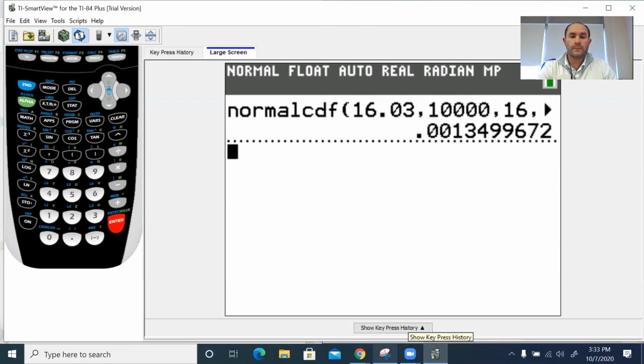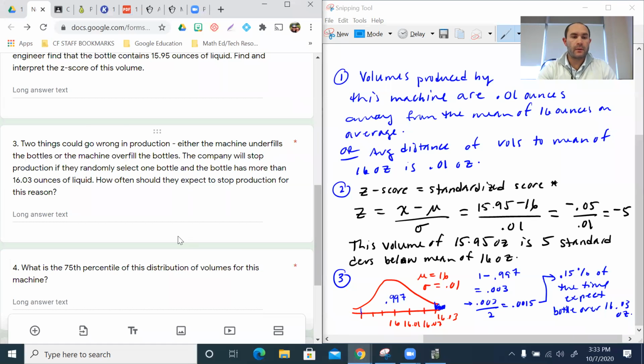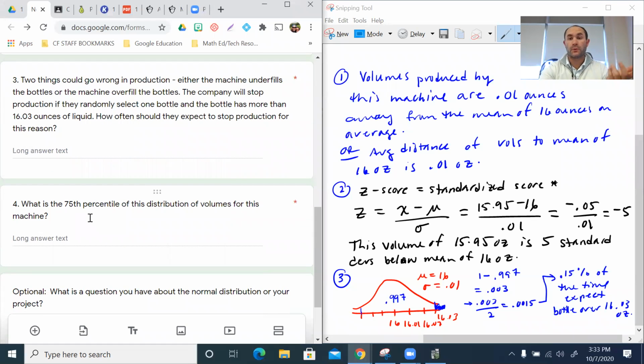And the final question was, what is the 75th percentile of this distribution? In other words, what is the third quartile? That's another way I could have asked that question. What we want to know is at what number for our volume is 75% of our data less than that.